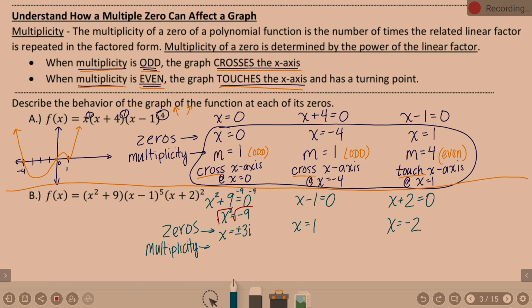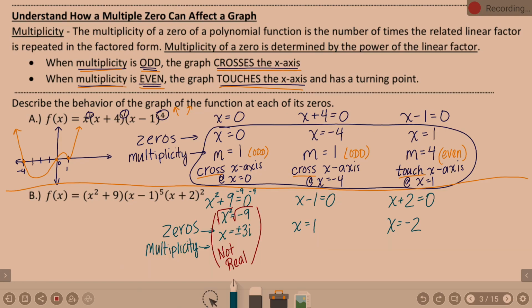No. So these two don't matter with what we're doing because they are not real. Yes, they're zeros, but they're not real. So I'm not going to worry about trying to figure out if it crosses or touches there. Does that make sense? Basically, I'm saying ignore, move on, next one.